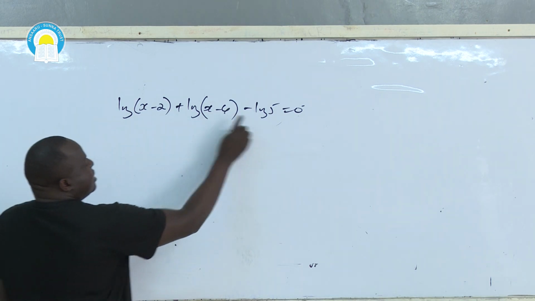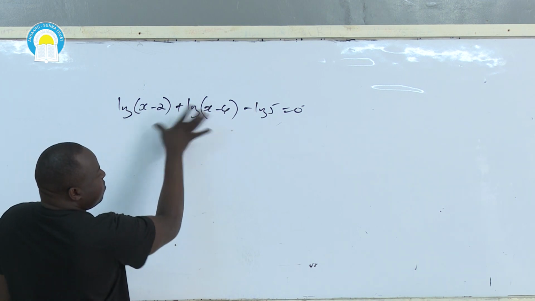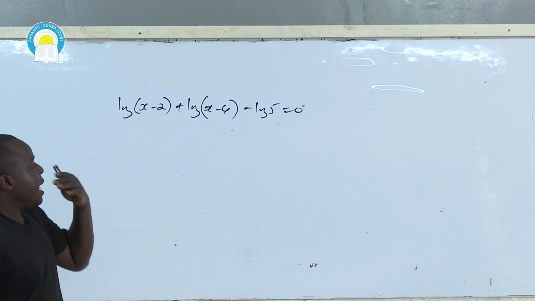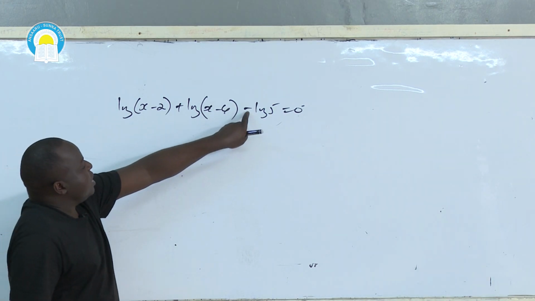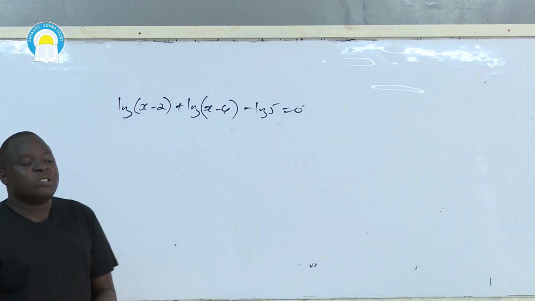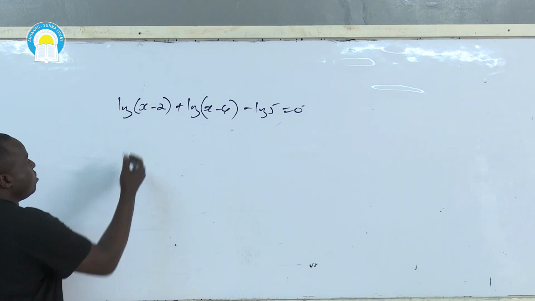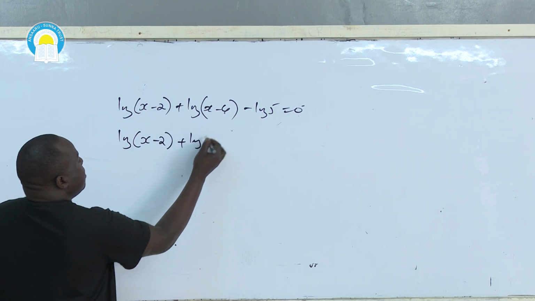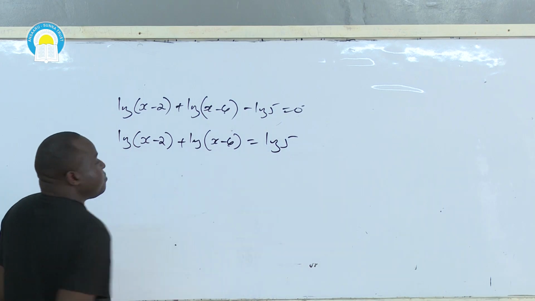For any equation that has equals 0, in most cases, there will be one part of the logs that will be negative. So for me, I will say you can use that first way, or you can decide to take the negative one to the other side, just to make the equation simpler, not adding many logs in it. Then you'll end up having log of x minus 2 plus log of x minus 6 equals log 5.